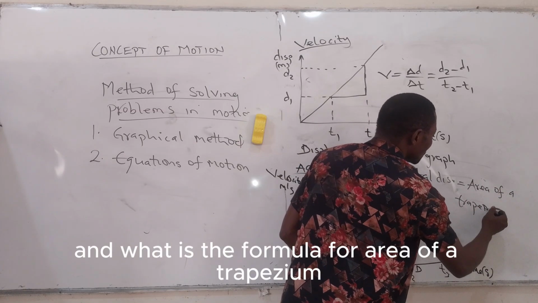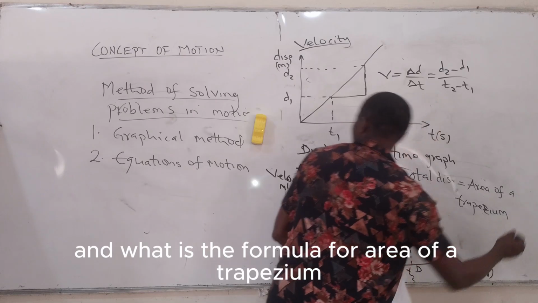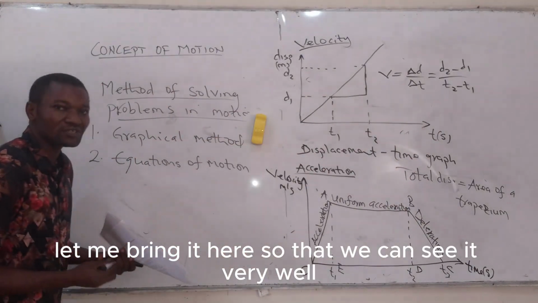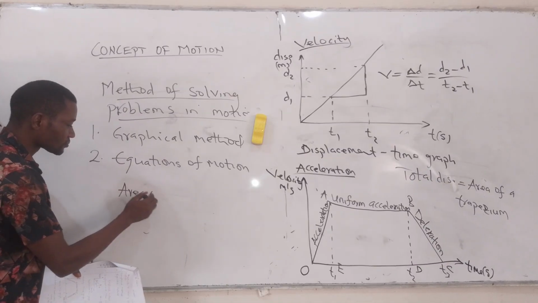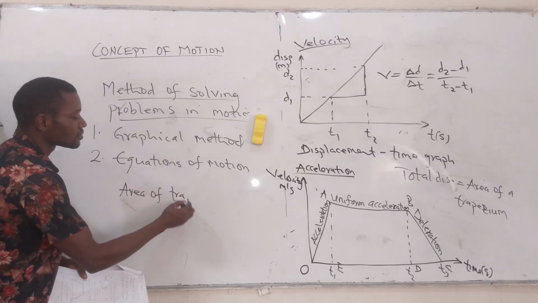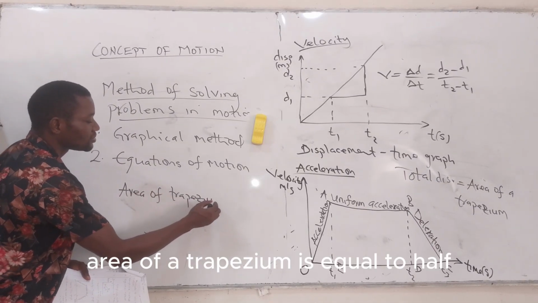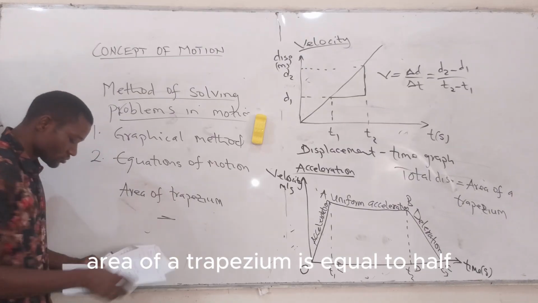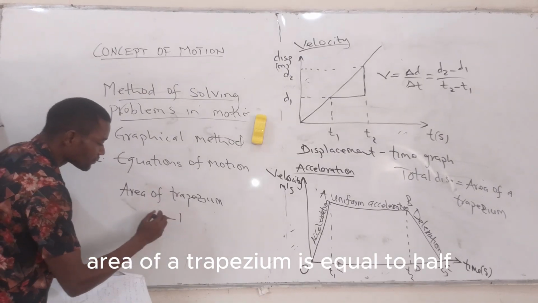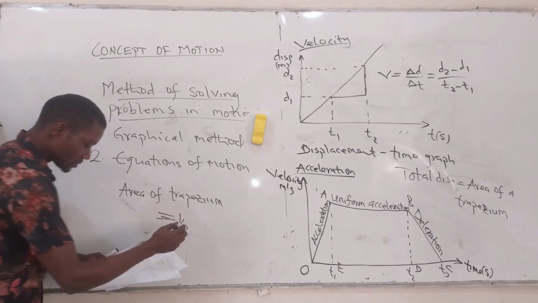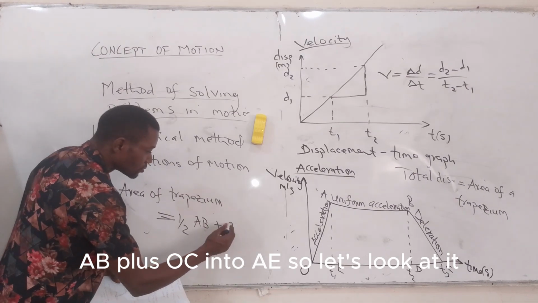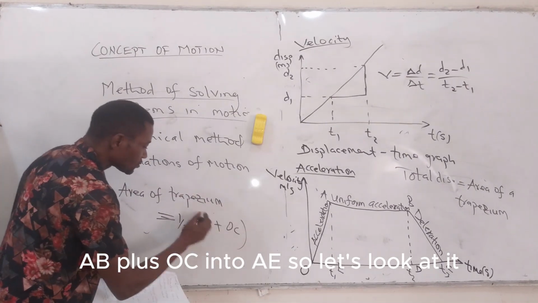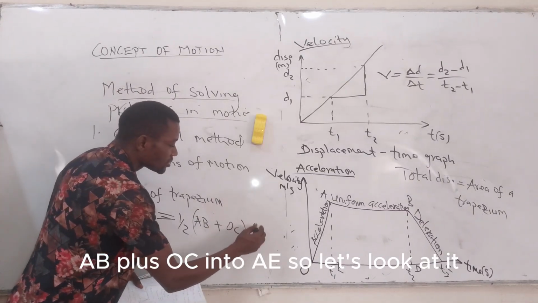And what is the formula for the area of a trapezium? Let me bring it here so that we can see it very well. Area of a trapezium is equal to half (AB plus OC) into AE.